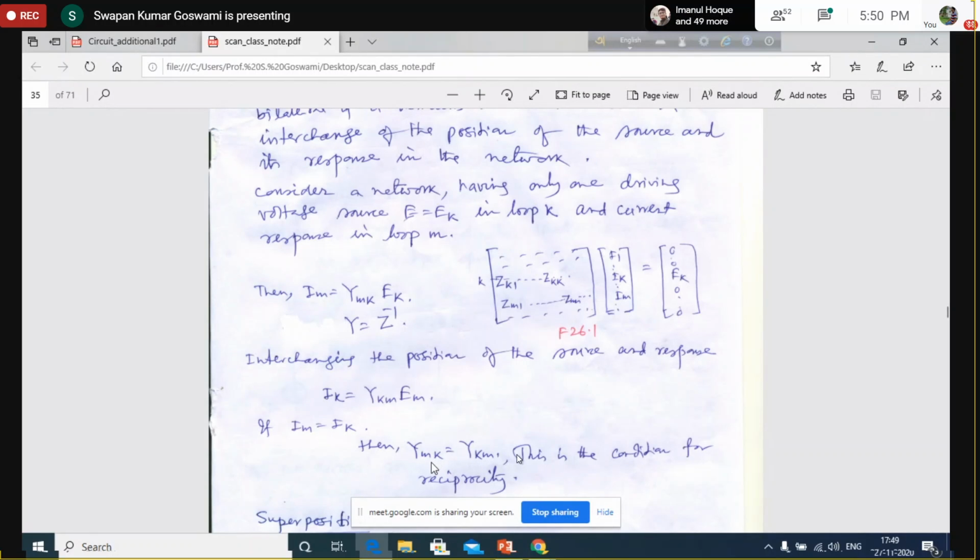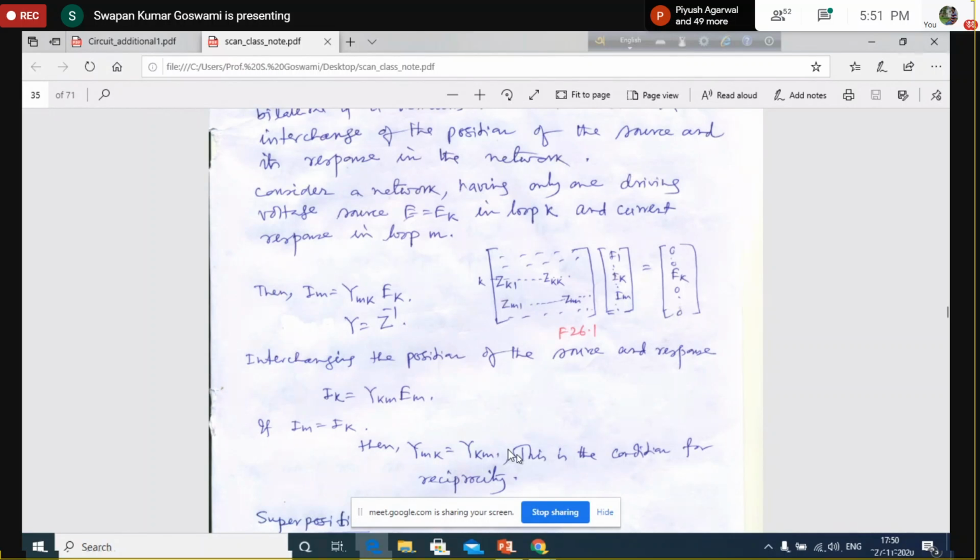It means this matrix is symmetric. So for a reciprocal network, the admittance matrix and impedance matrix will be symmetric. Or if the network impedance matrix or admittance matrix is symmetric, you can say the network is reciprocal. This is what you can say.